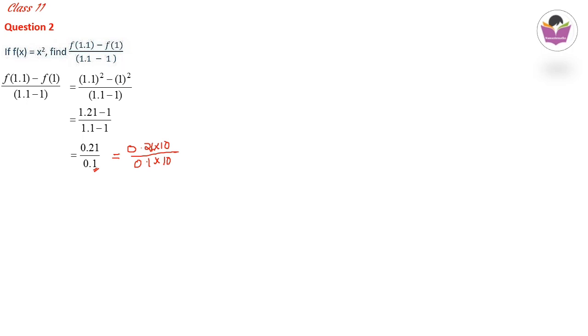So what will come? 0.21 into 10 comes as 2.1, because multiplying with 10, there is only 1 zero, so just move the decimal 1 point to the right. So 2.1 will be coming. Then divided by 0.1 into 10, and 0.1 into 10 is 1. So we will be getting the answer as 2.1 divided by 1. Any number divided by 1 is the same number itself. That is equal to 2.1. Hope it is clear.